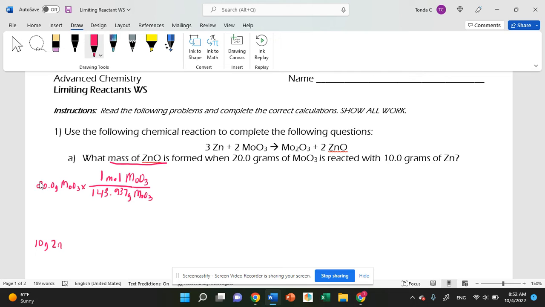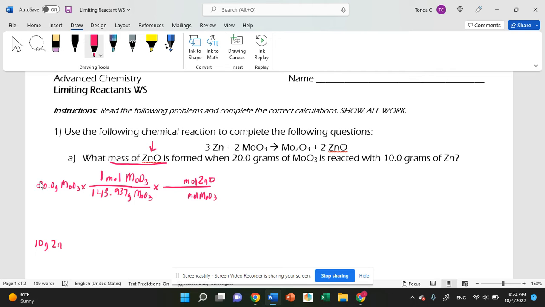Once you get it into moles, you can switch to the other compound by using the mole ratio. Here I want to get to ZnO. To cancel out this moles, it has to go opposite: moles of MoO3, and then moles of my wanted, which is ZnO. To get the numbers out front, we have to look at that balanced chemical equation.